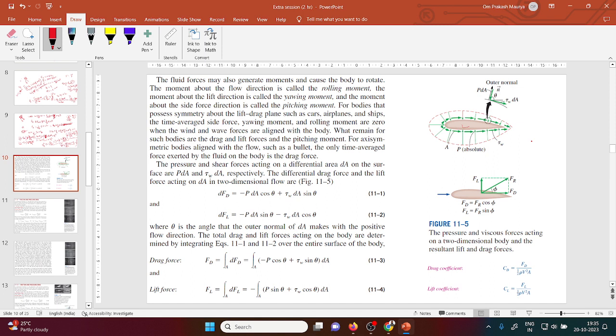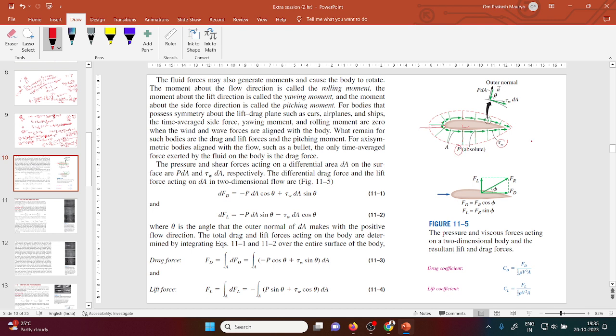A force will act parallel to the body, this is the shear, and another force will act normally on the body, which is pressure. So the parallel thing is shear, and the perpendicular or normal thing is pressure.